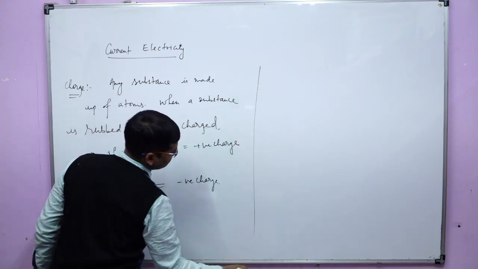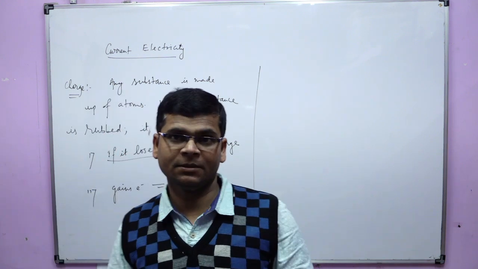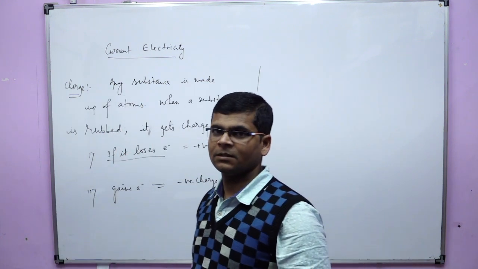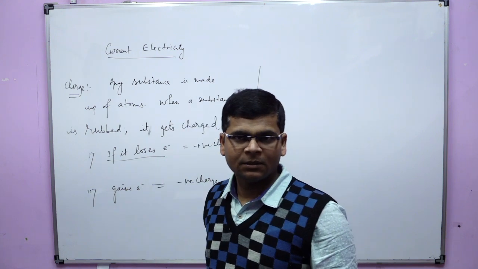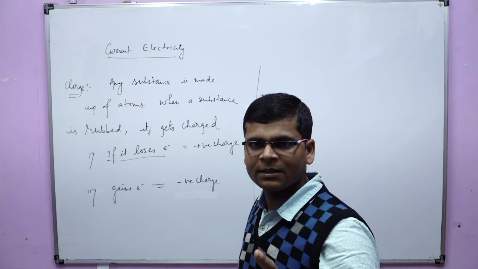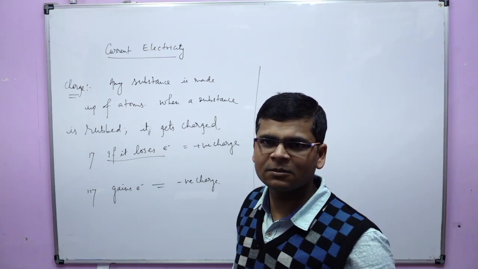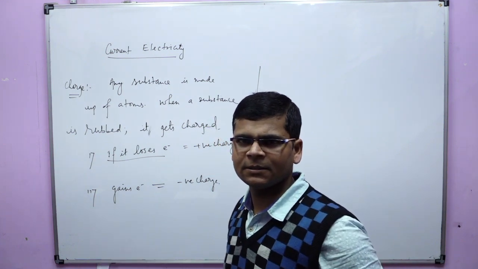So charge develops when a substance is rubbed. Suppose when you rub a dry comb against dry hair, you will find that the comb gets charged and it attracts small pieces of paper. It means the comb is having a certain charge.